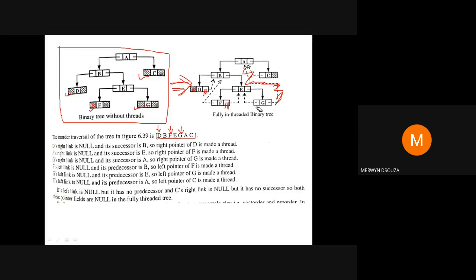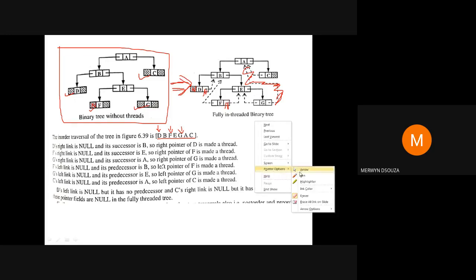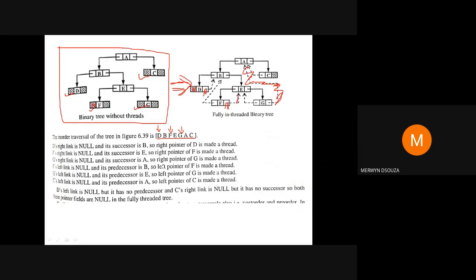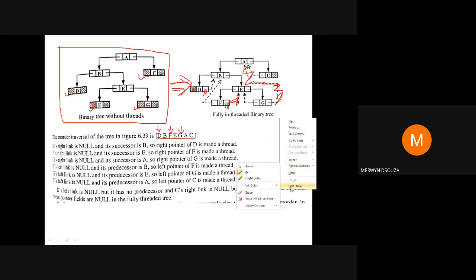Then you check C, which is having a left null pointer. In-order predecessor of C is A. So you draw a dotted arrow from the left portion of C to the node A. So you can see here we have drawn.